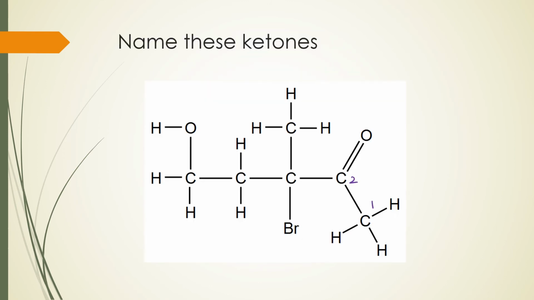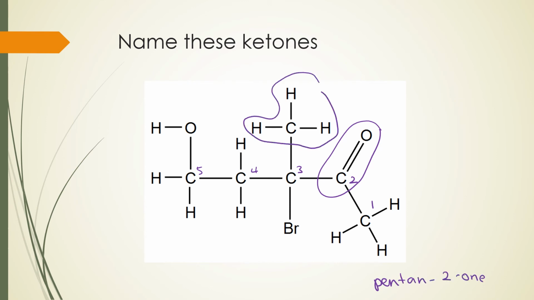1, 2, 3, 4, 5. This is the most important group, so it's pentan-2-one. We have a branch here with 1 carbon in it, so it's a methyl. We have a bromo, and we have a hydroxy. So methyl is on carbon number 3.